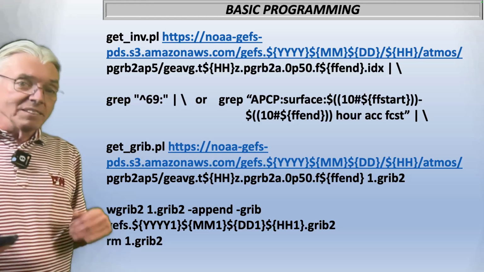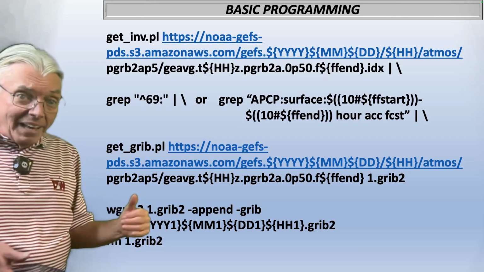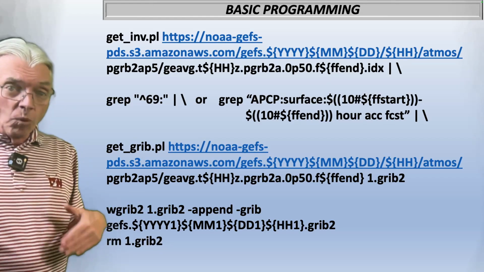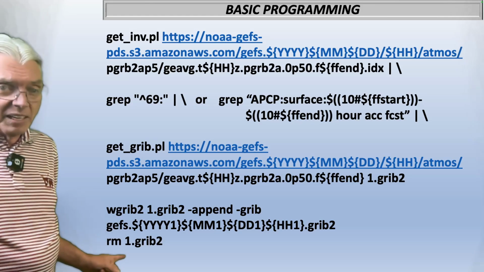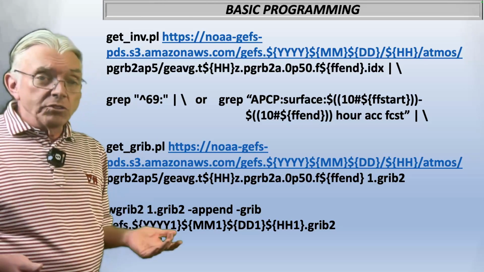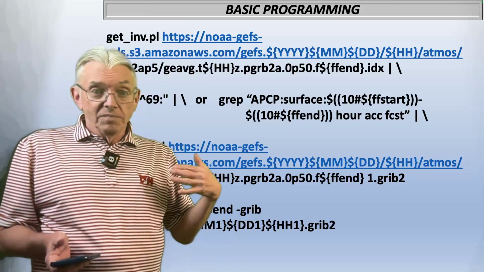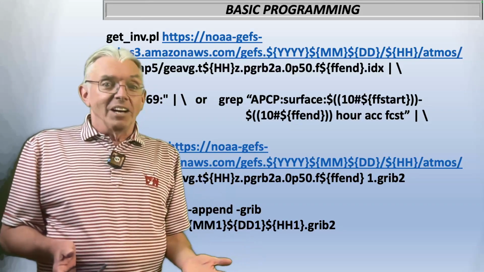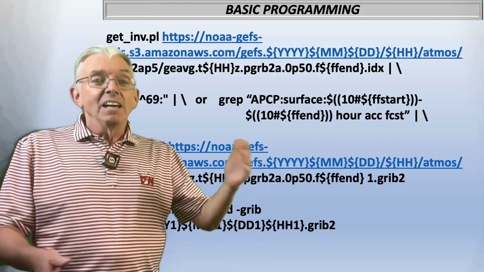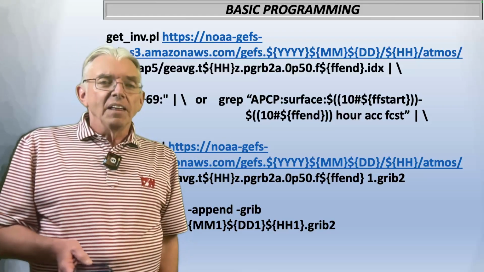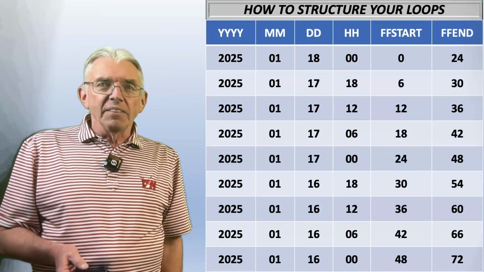And then once it appends that file with 1.grib2, then I say, get rid of 1.grib2. I don't need that anymore. And the next time I go through the cycle, it will create another 1.grib2 and append that to the main file and delete it again, and so on and so forth. Okay, so that's the method of the madness behind that.